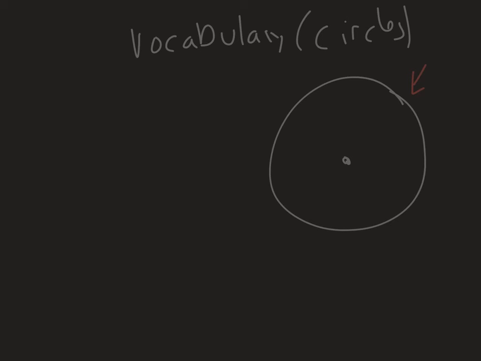So a circle is a set of points that are all equidistant from a center point.